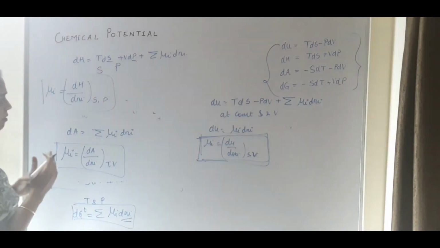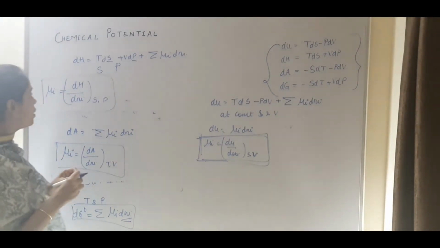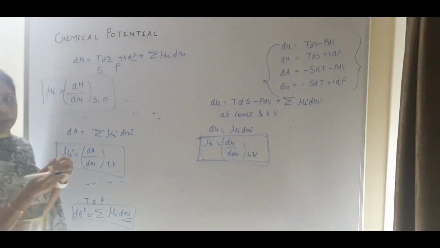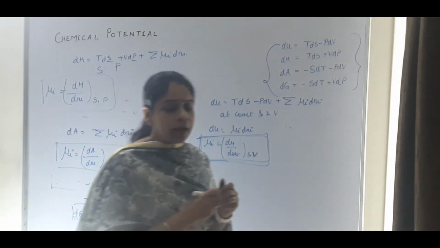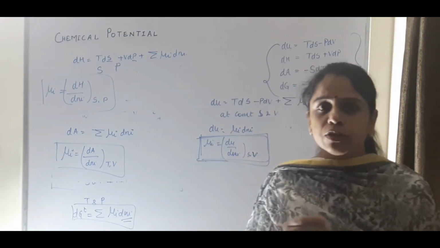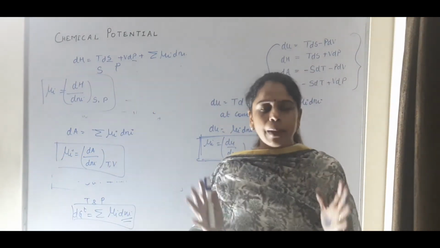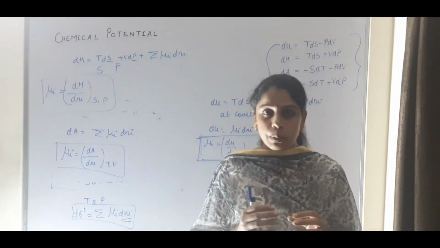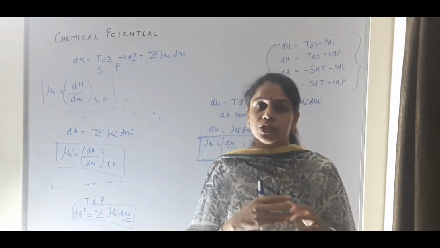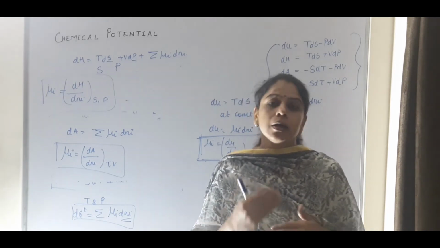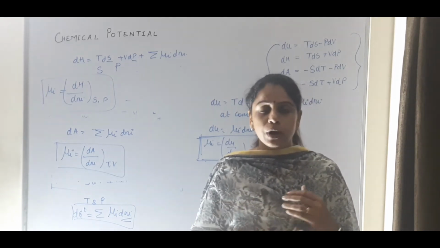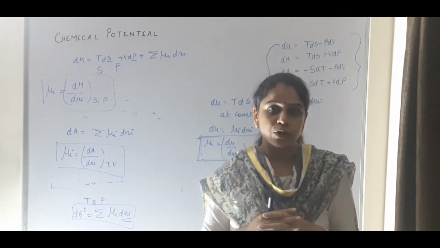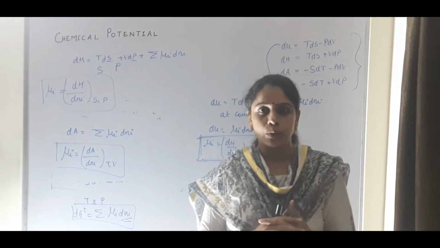In that way you can find the relationship for the chemical potential in terms of other energy potentials. This chemical potential helps us know the behavior of the system: if there is a change in the number of moles of any component, what is the effect of this change on the energy of the system or solution.